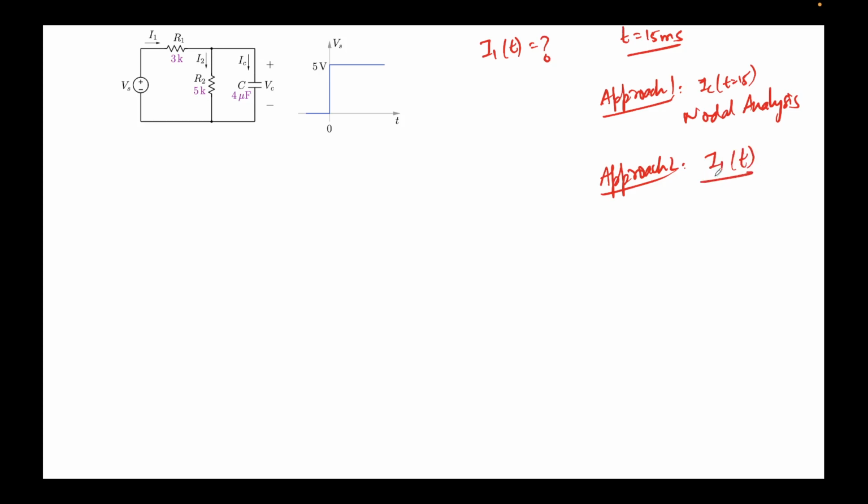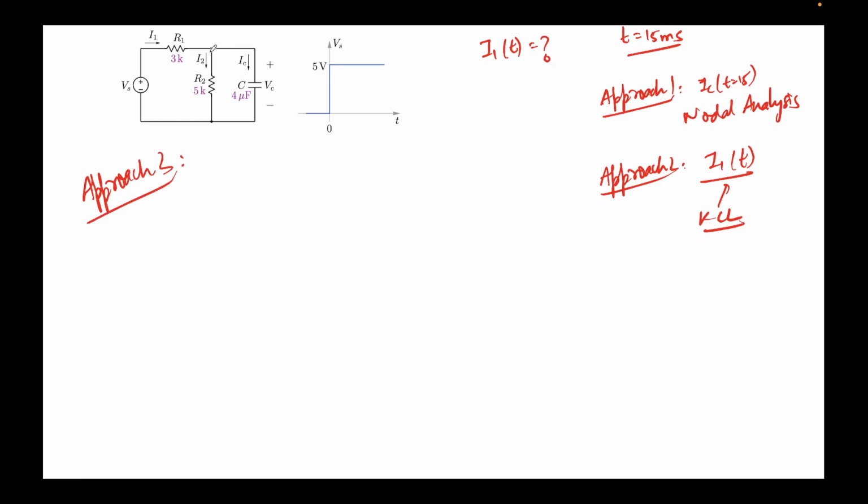We can do it either way, but we'll simply use KCL. First I'll try to solve it using approach 2, and let's see which one is better. So we'll find I1 as a function of time.